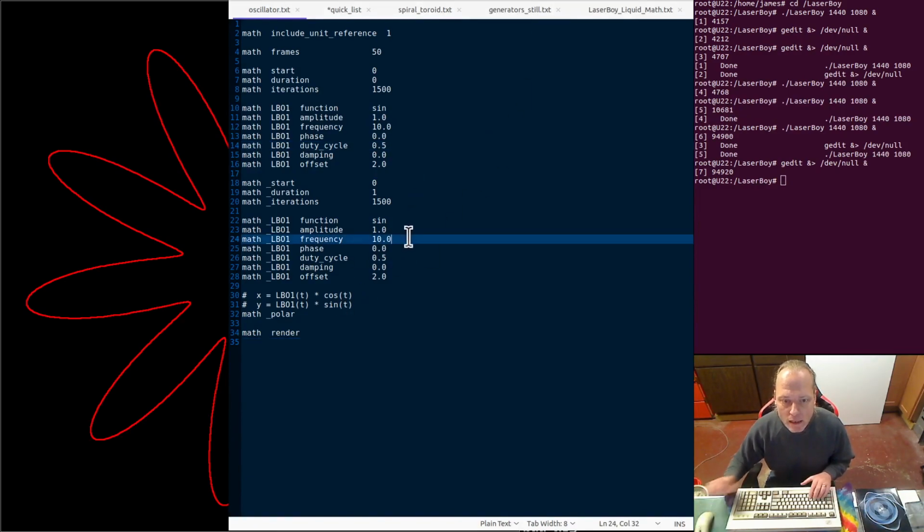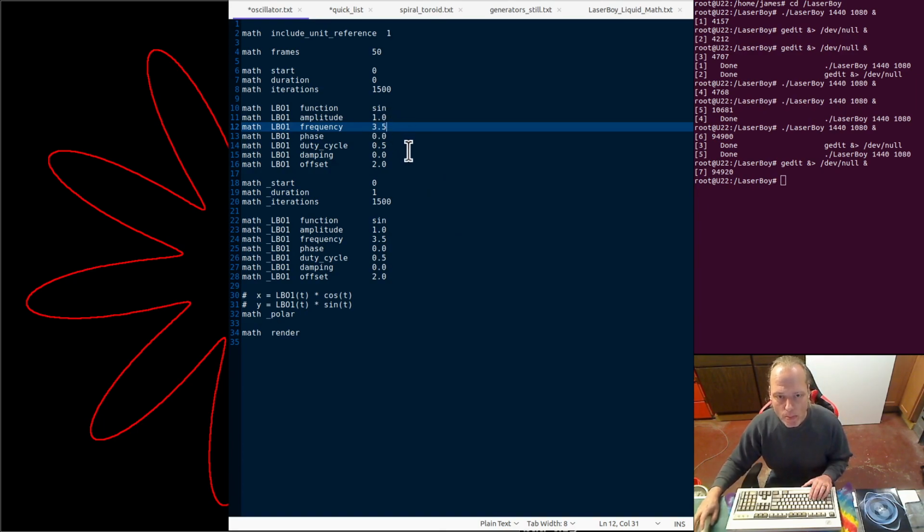Okay, so now taking this concept a little further, let's make this 3.5. Now we're looking at a half. The frequency has a fractional part to it.